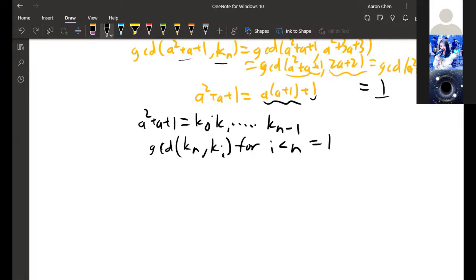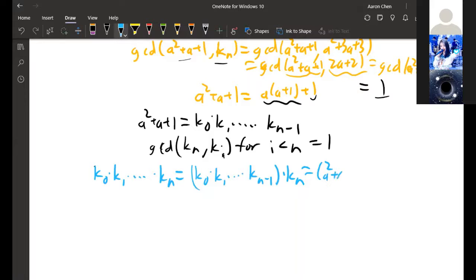And so now we also have that k0 times k1 all the way to kn is equal to k0 times k1 to kn minus 1 times kn, which is equal to a squared plus a plus 1 times a squared plus 3a plus 2.